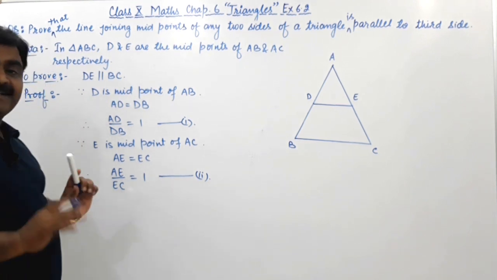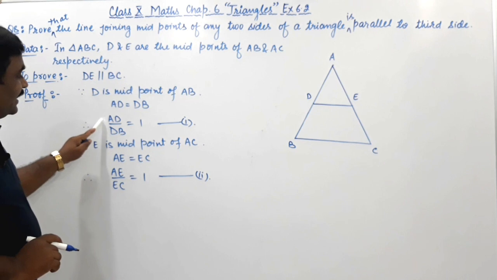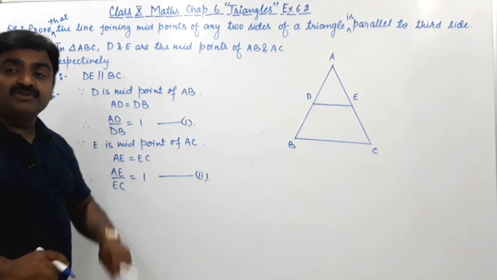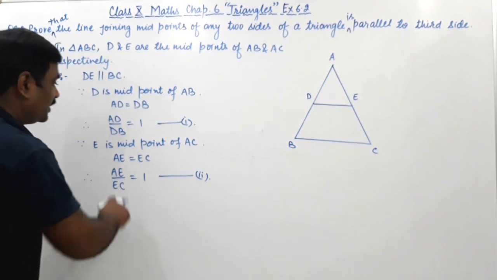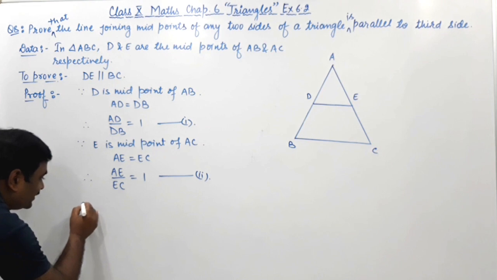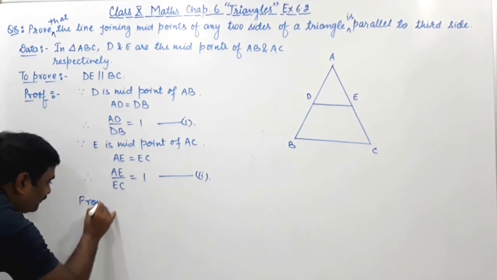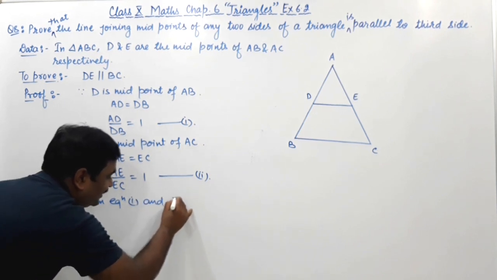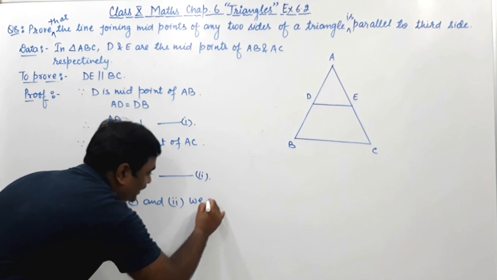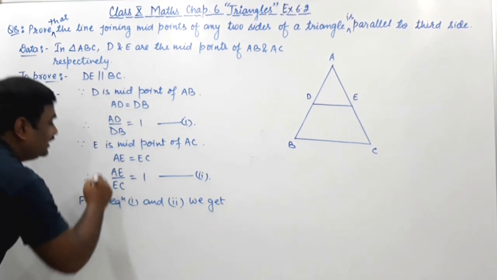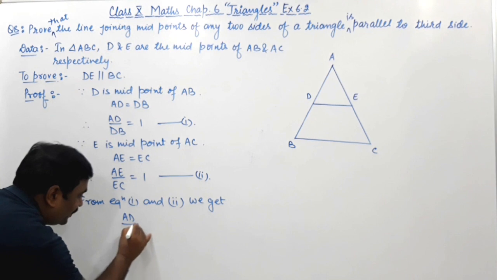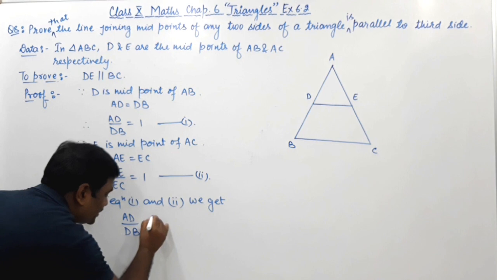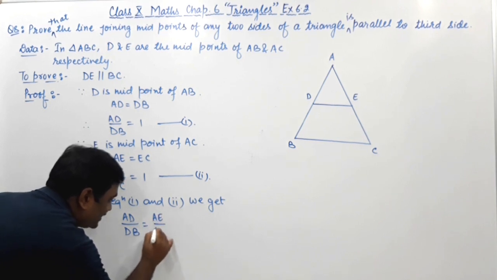From equation first and second you just compare, since AD upon DB is equal to 1 from first, and AE upon AC is also equal to 1 from second. So from equation first and second we get the result: AD upon DB is equal to AE upon AC.